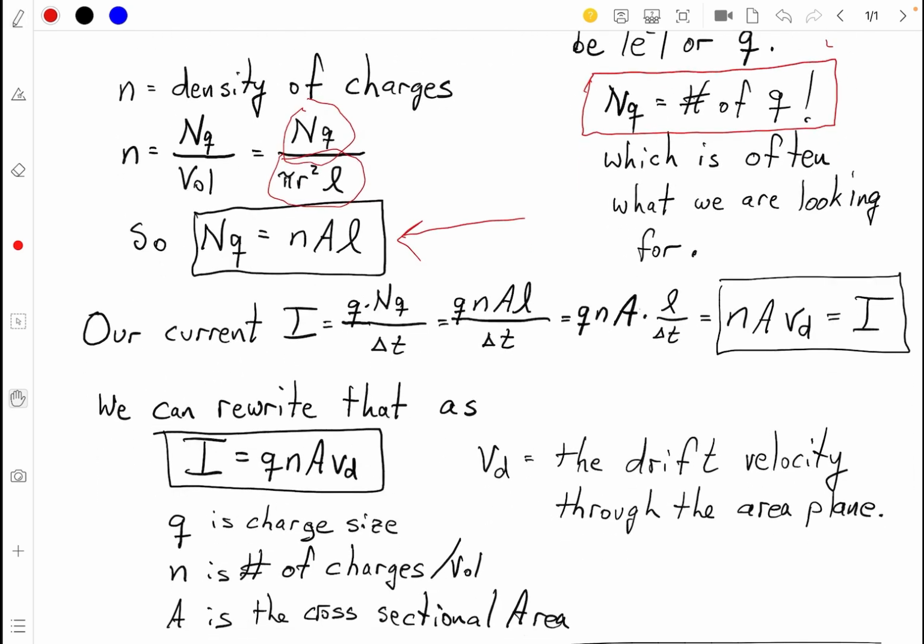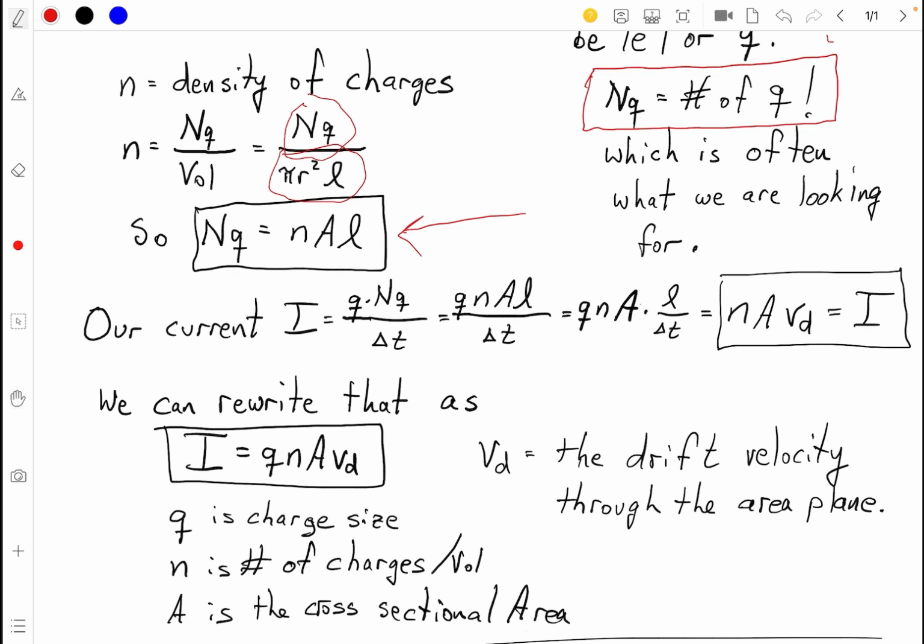Okay, so if we take the size of each Q, we multiply it by the number of them, and we divide that by the time that they travel through a certain region, then we basically have our current. It's how much charge goes through in that certain amount of time.